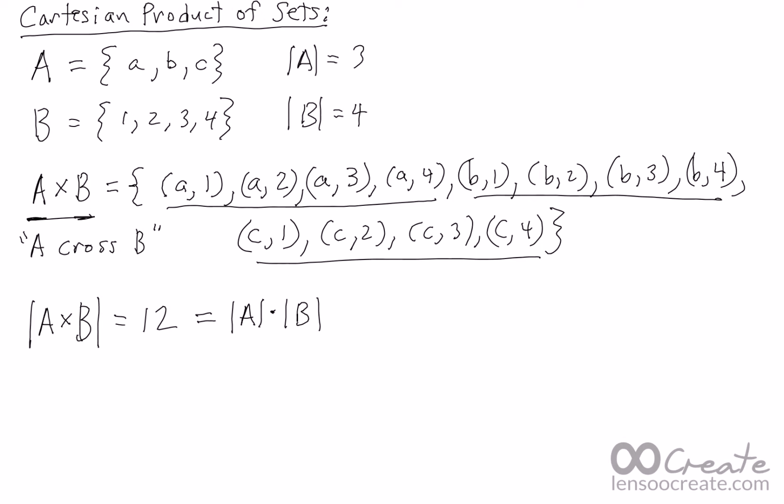And so this mathematical object that we have here is called an ordered pair. Okay? And it is essentially a list of two elements.